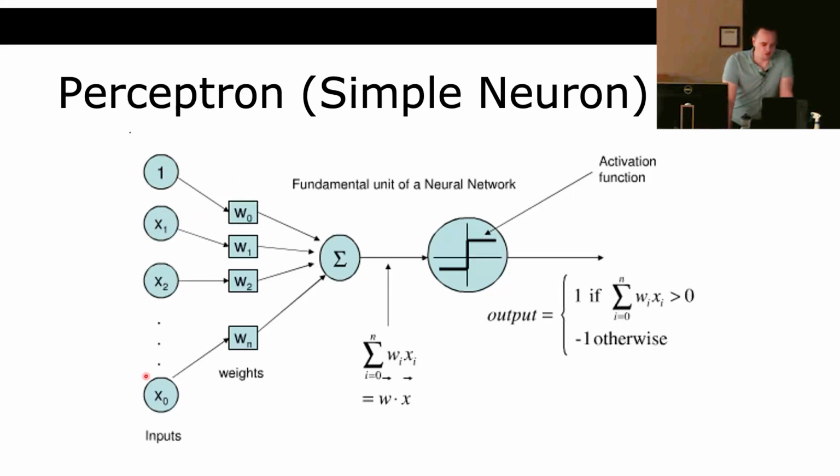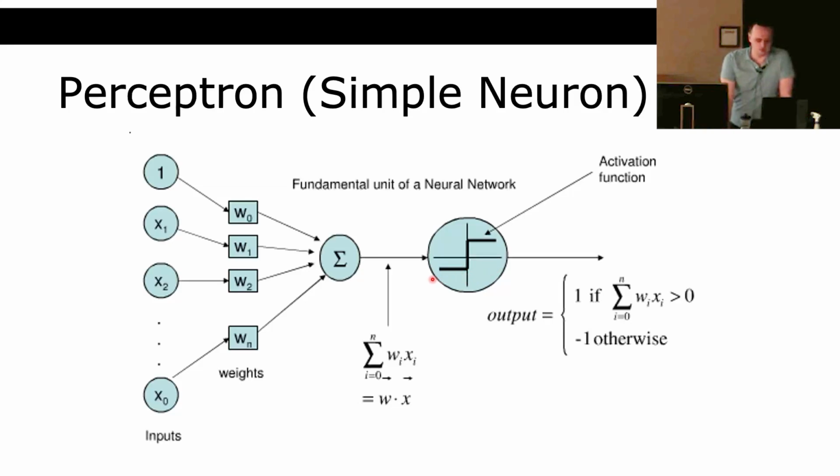Then we have those real valued inputs multiplied by real valued weights. We multiply those together and we sum them. So this is this operation. Then we have what's called an activation function. In our previous example of threshold logic units, we were computing this dot product and then just checking to see if it's greater than something; if so, the output is 1, otherwise the output is 0. That's what this activation function is.